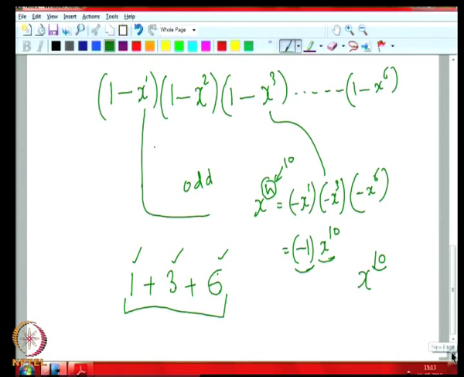So, but we have seen that when we consider partitions of a number n where all parts are different, unequal, the number of partitions with even number of parts and the number of partitions with odd number of parts are equal for most n, right, when n is not of certain form, right.